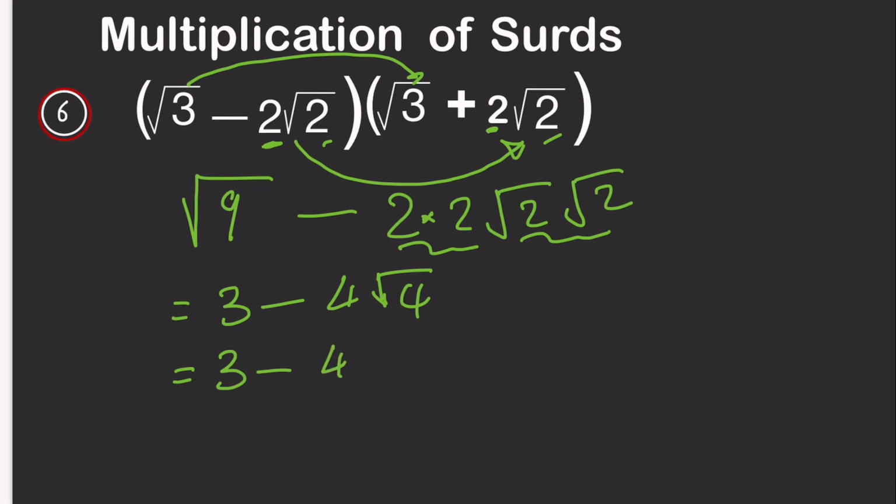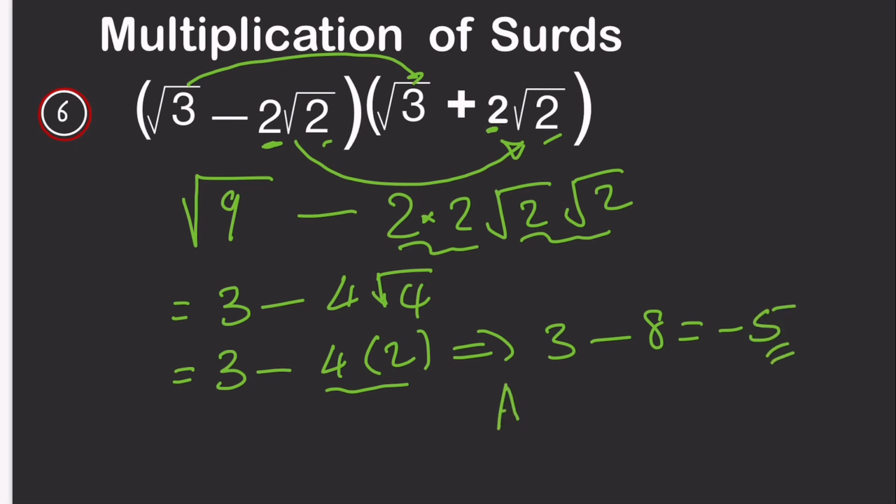The square root of 4 is 2. So if we proceed, we are going to have 3 minus, if we multiply this, it will give us 8. So our answer will be minus 5. So our answer is equal to minus 5.